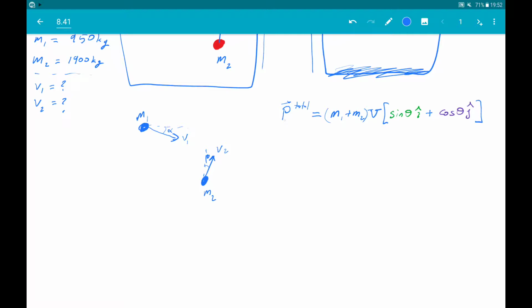So this is after the collision, but since momentum will be conserved, because there's no external forces acting on it, it'll also be equal to the total momentum before the collision.